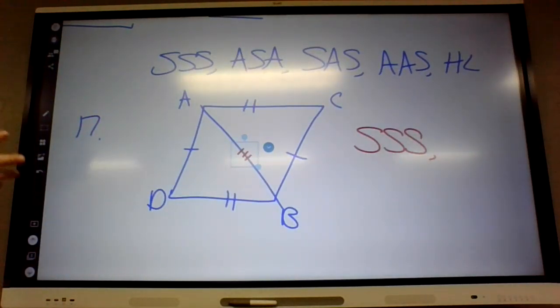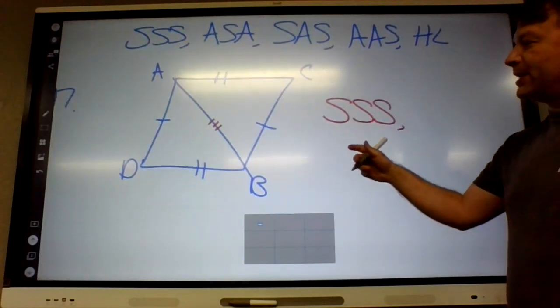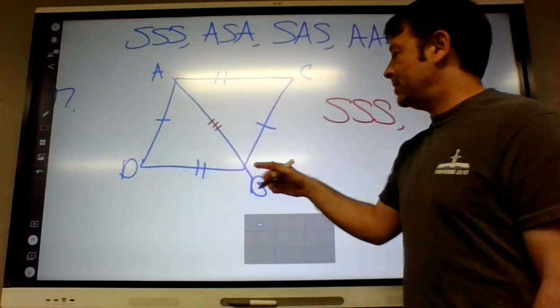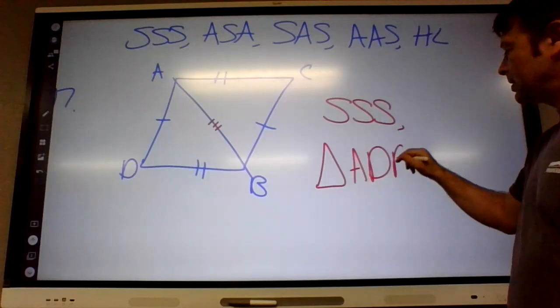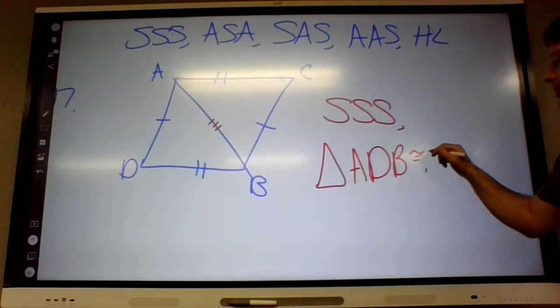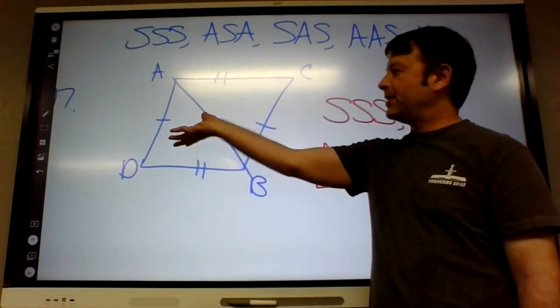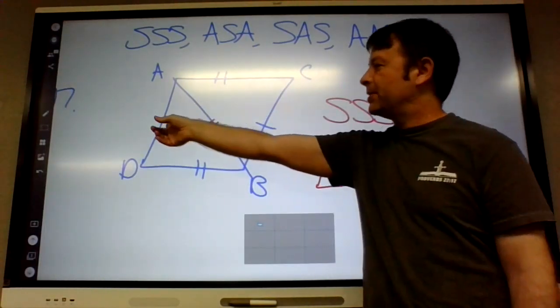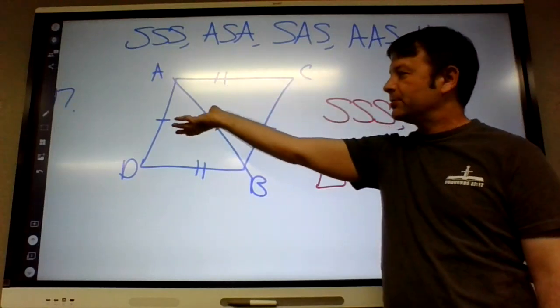If the triangles are congruent, we're supposed to make a congruent statement. You guys remember the book's version of this? So we're supposed to say like triangle ADB is congruent to triangle. Okay, notice these triangles are like turned around. So this triangle is like this one turned around.